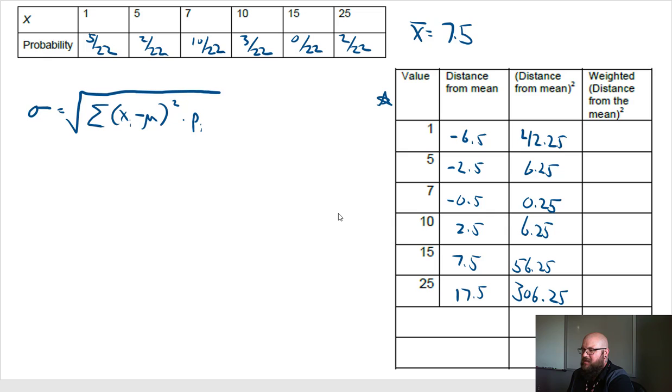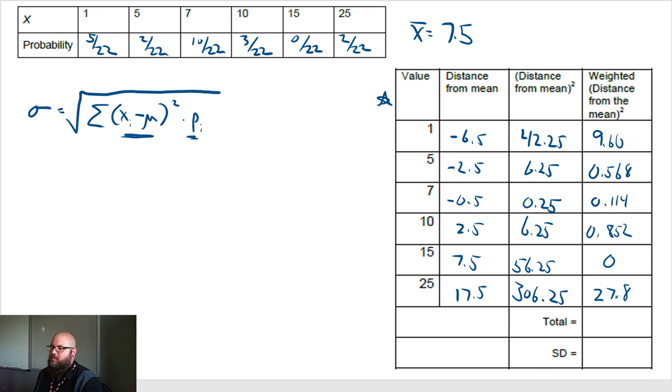Alright, so once you've filled that out, now it says weighted distance from the mean. So with that, you take the values you just squared and multiply them times the probability for each value here. If we do that, you should come up with these values right here. So we took x minus our mean, squared it, and multiplied it times p to get these values.